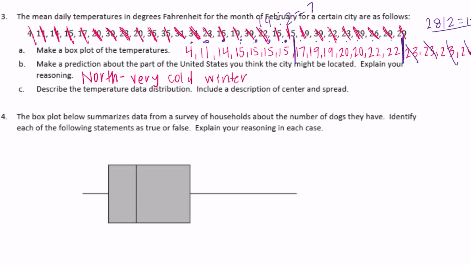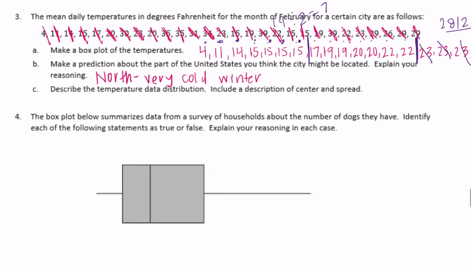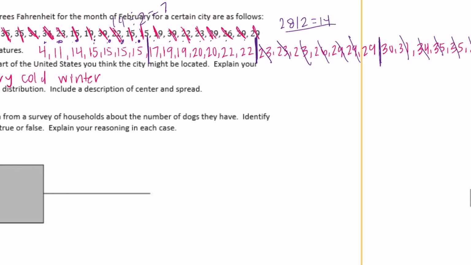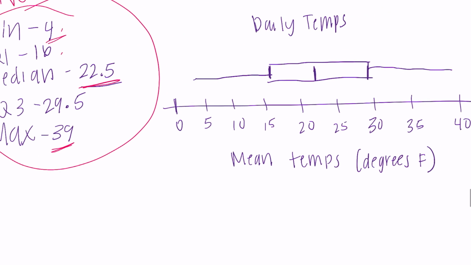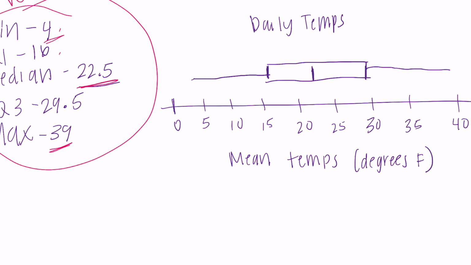C, describe the temperature data distribution. Include a description of the center and spread. So we just want to describe the temperature distribution. Let's say that the median is 22 and a half. A quarter of the temperatures were less than 16 degrees.